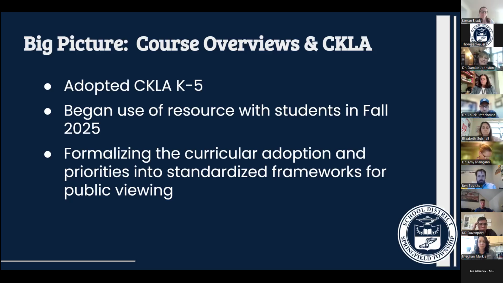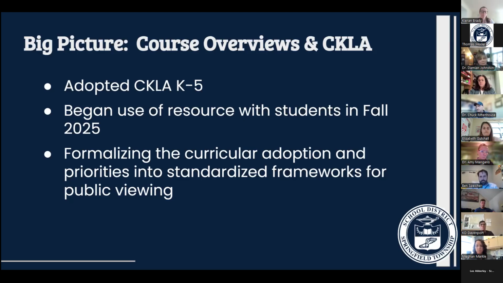And so what we decided was, because there was so much dense material in the resource we were adopting, it would serve us better to adopt the resource and then revisit the course overview once we were well into adoption, and then make sure that we had prioritized where we saw the greatest focus at each of our grade levels.